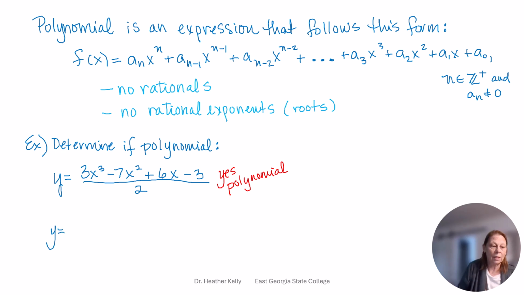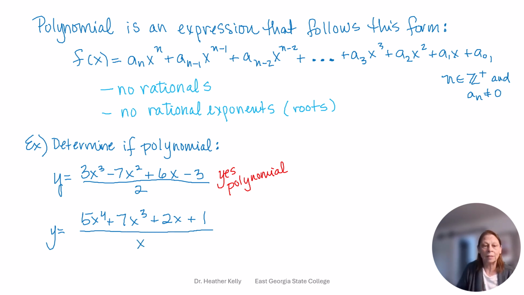Let's look at this guy here. 5x to the 4th plus 7x cubed plus 2x plus 1, all over x. This is not a polynomial. No, this is rational.